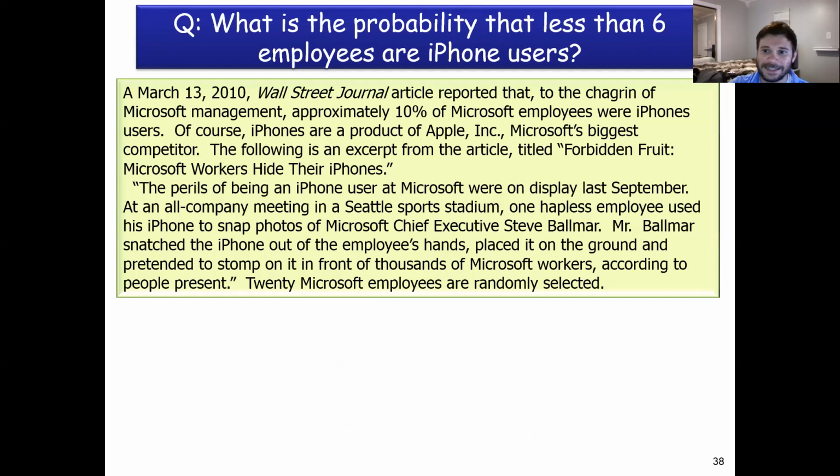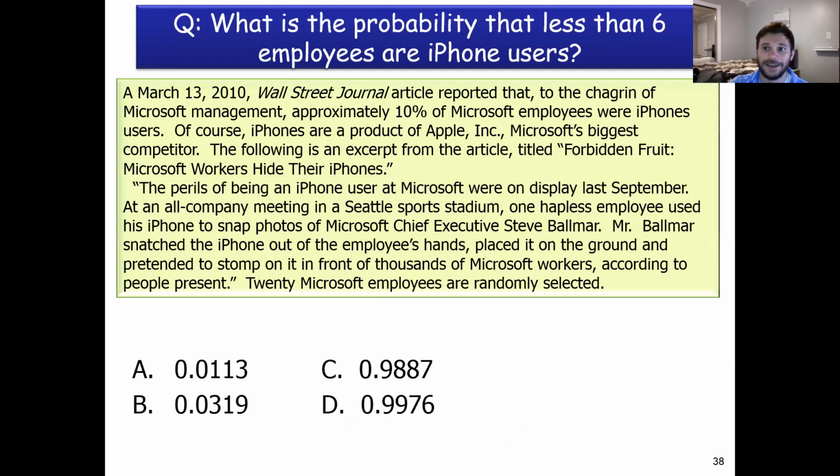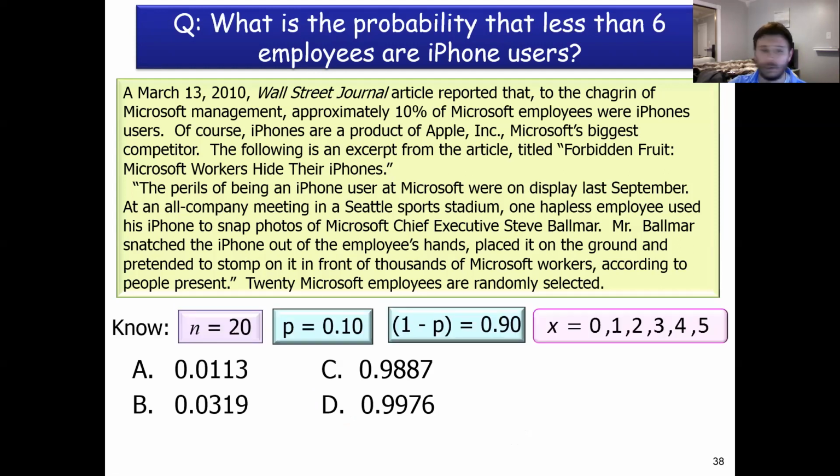So less than 6 has now removed one event of interest, right? Last problem, we were looking at 0, 1, 2, 3, 4, 5, or 6 or fewer. But if we're considering the probability that big X is strictly less than 6, then that only includes 0, 1, 2, 3, 4, or 5.